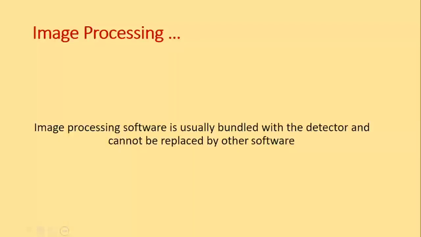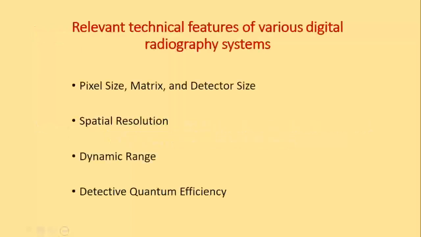You should always know that all of these come with image processing software. Usually when the machines are there, they come with their own software. It cannot be replaced by another software. Each machine comes with its own software.